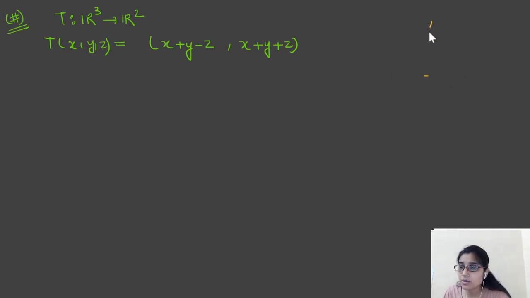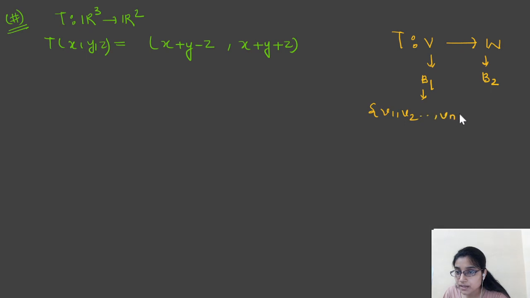Why can this not work? Because this time we have two different vector spaces. So the basis of V may not be the basis of W. So here we will need two bases. But the concept that we studied will remain the same. Suppose this is your V1, V2 up to Vn, say this is n dimensional, and this is m dimensional, and suppose this is U1, U2 up to Um. Fine. So again the concept is the same.